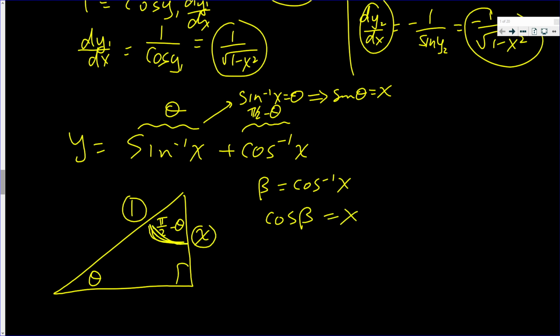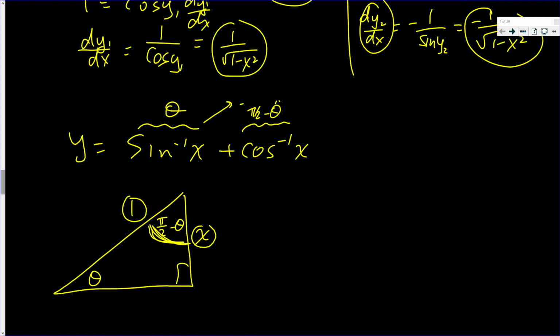But that's pi over 2 minus theta. I hope this is clear. And then, let's write it down more formally. So, like I said, that's theta plus, and this here is pi over 2 minus theta, so we just get pi over 2.